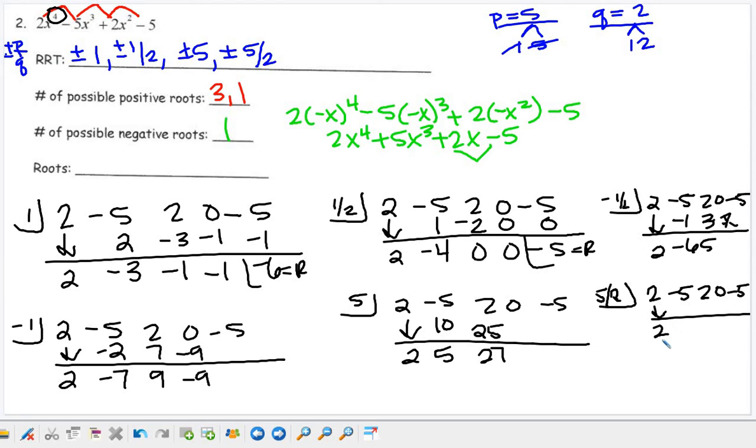So 5 over 2 times 2 is 5. 5 plus negative 5 is 0. Anything times 0 is 0. 0 times 2... 5 over 2 times 2 is 5. 0 plus 5 is 5. That's 25 over 2, which is not it either. Something is wrong with this problem.